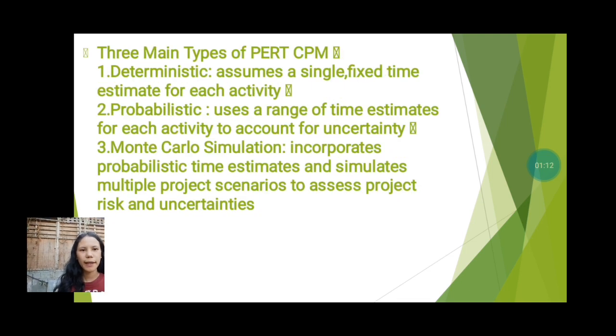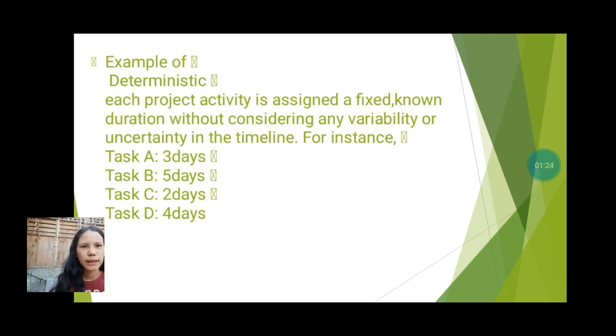There are three main types of PERT and CPM. One is deterministic, which assumes a single fixed time estimate for each activity. For example, each project activity is assigned a fixed known duration without considering any variability or uncertainty in the timeline.